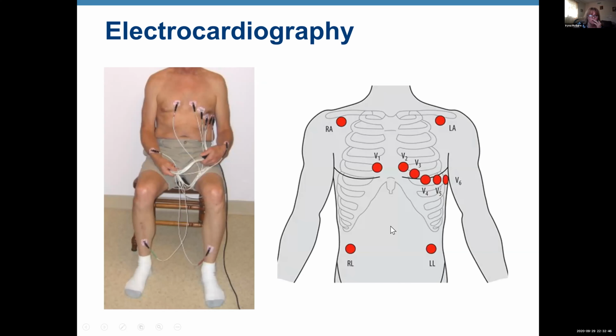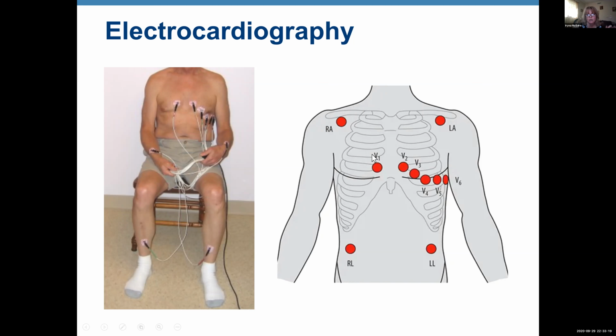Okay. So here I just show a patient how electrodes are placed, right? You can place them on the arms and on the legs, or instead of putting them on the arms and legs, you can put them over here on the shoulders, right? And then other electrodes are put over here, surrounding the heart. Imagine there is a heart over here.